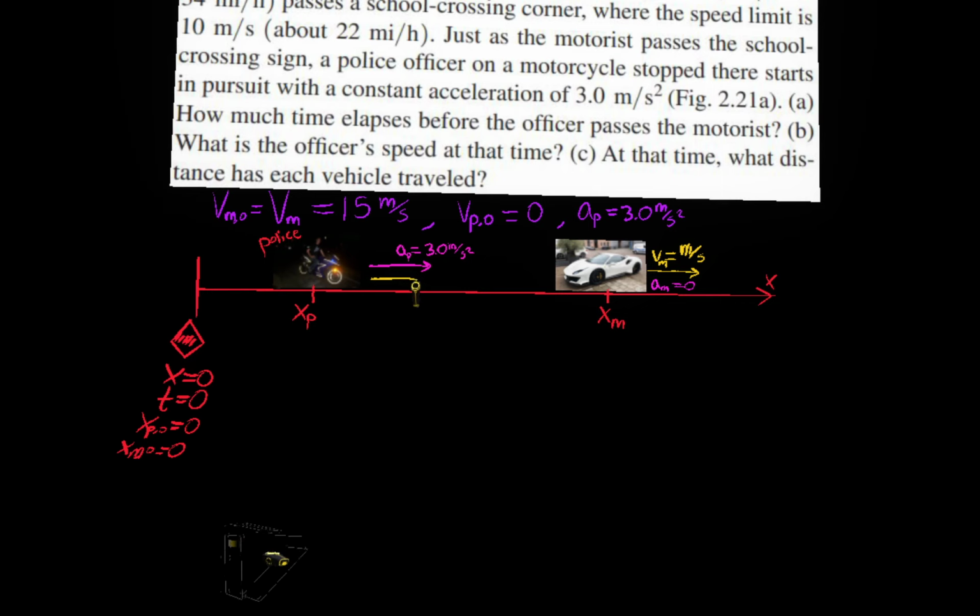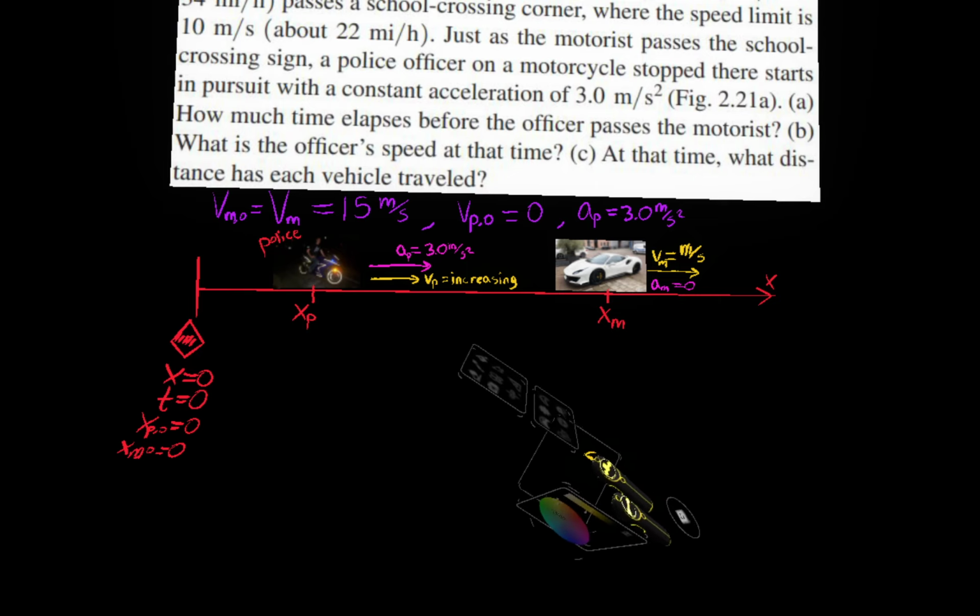So he, of course, has some velocity, but Vp is increasing. So at different times, different positions, his velocity will be different. So there's no use specifying it at this random point that we've imagined him to be at this moment.